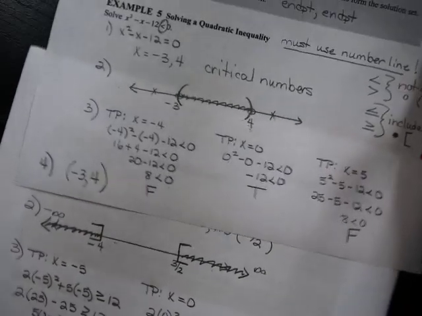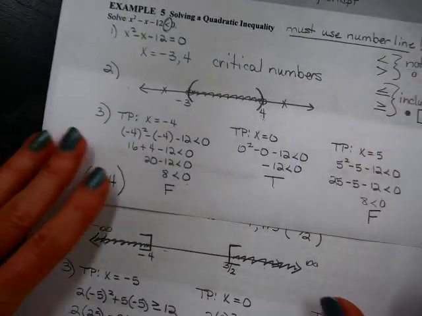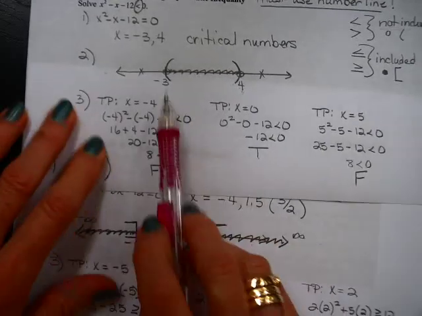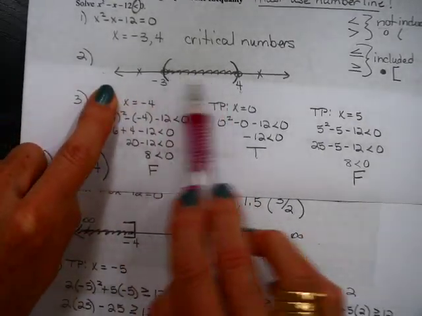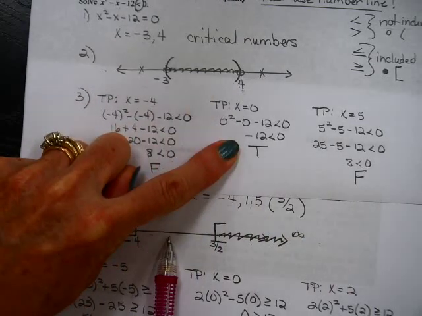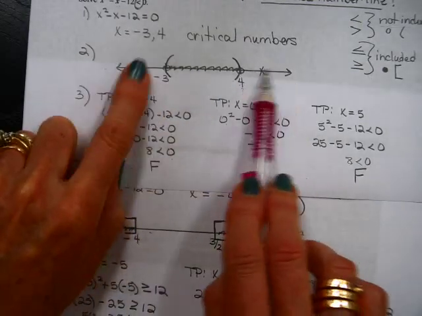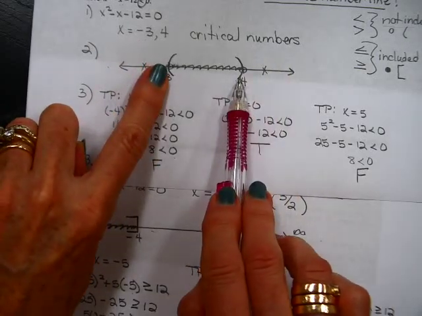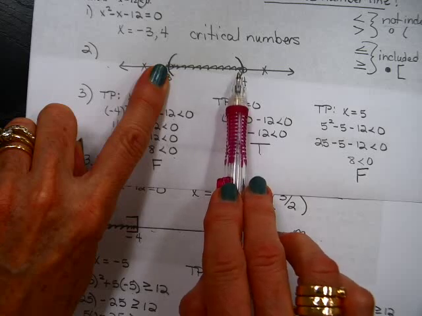Now, I wanted to see if you notice a pattern between the last two problems. There's something I just want to point out to you that might help you in future problems when you're doing your test points. If this middle section gives you a true statement, then none of these outside sections will give you a true statement, and you will always just shade only the middle section.